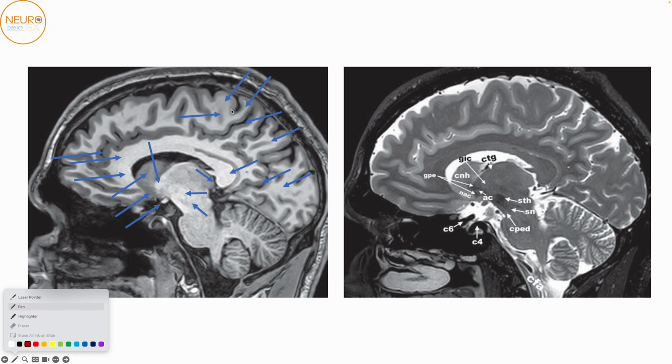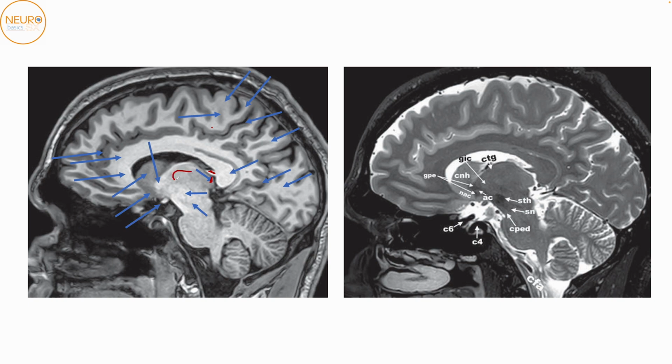Okay, so not very difficult, but a few important structures you can pick up. The cingulate sulcus, pars marginalis, the precentral and the postcentral gyrus, the paracentral lobule, the precuneus, the cuneus, the cingulate, the calcarine sulcus, the isthmus of the cingulate, the lingual gyrus, the splenium, the fornix over here, the pulvinar.